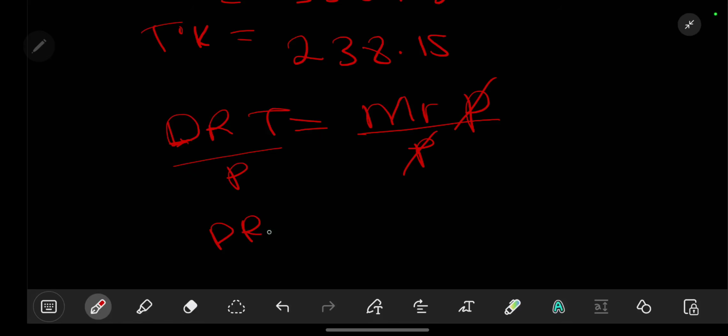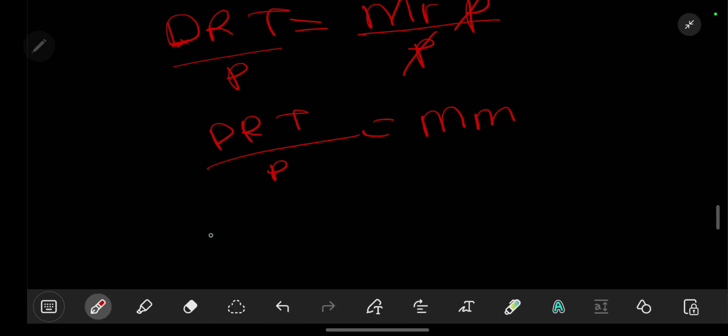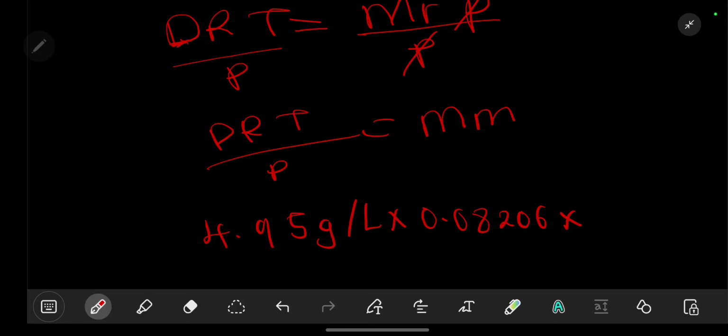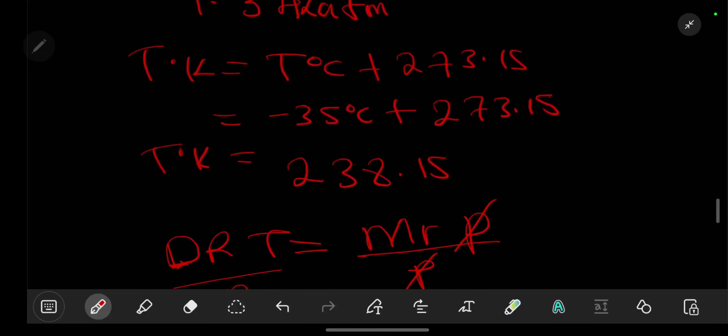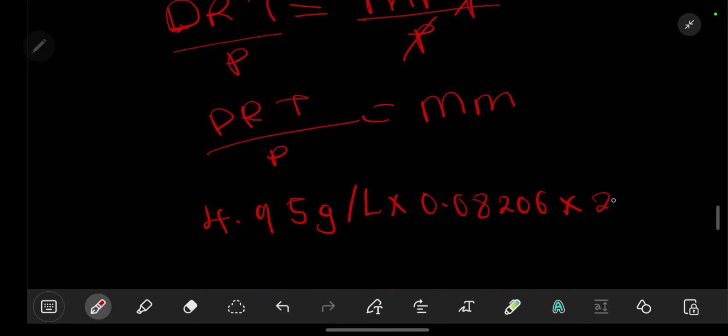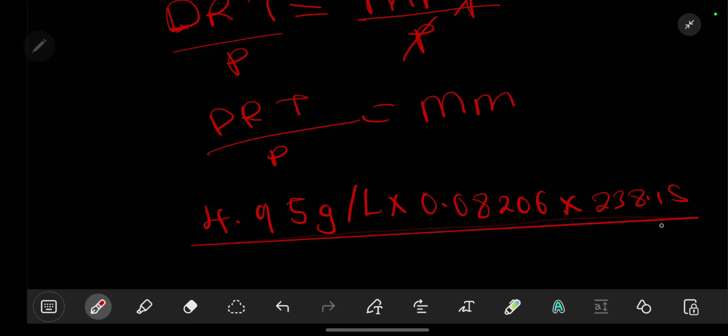So we have dRT over the pressure equal to the molar mass. The density is 4.95 grams per liter, times the universal gas constant 0.08206, times the temperature 238.15. Then we divide this by the pressure.